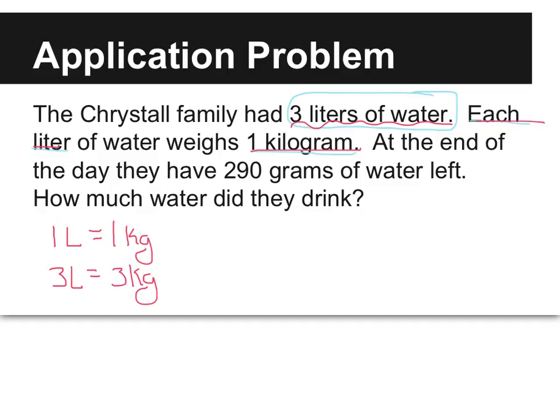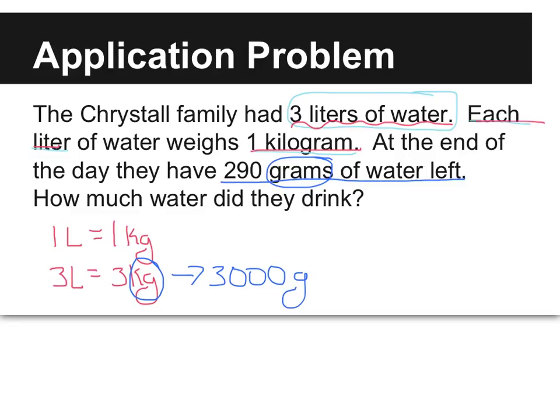We also learned in the problem that at the end of the day, they have 290 grams of water remaining. So I have grams and I have kilograms. I need to convert 3 kilograms to 3,000 grams, if you remember from our unit on mass.